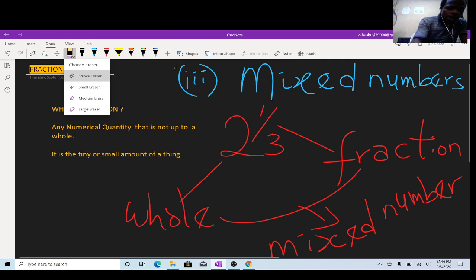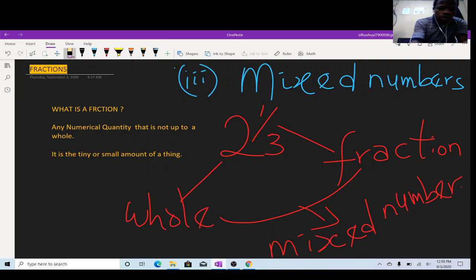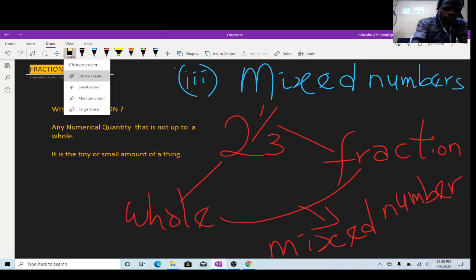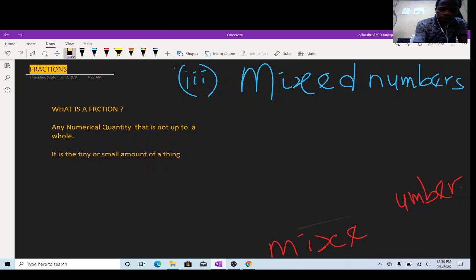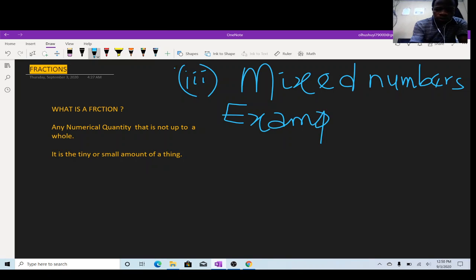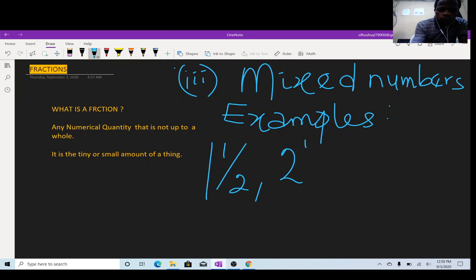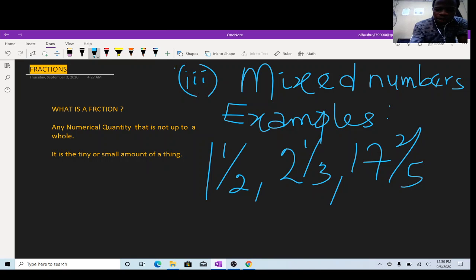So let's have more examples. You have one whole number 1/2. You have two whole number 1/3. You have 17 whole number 2/5, and so on and so forth.